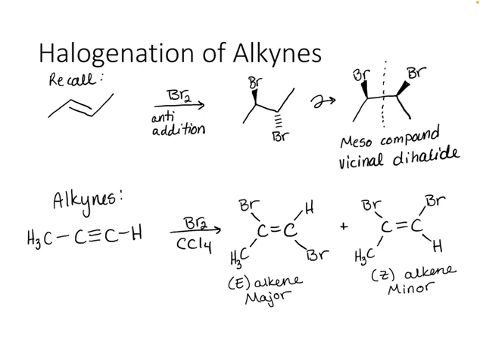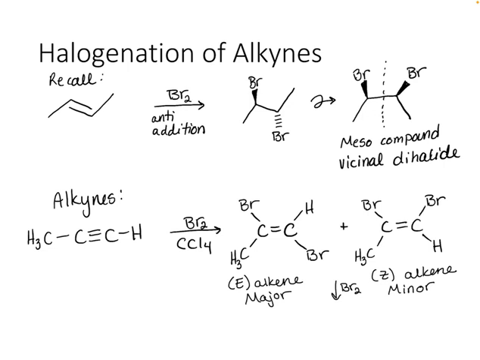Now, regardless of all that, if we add more bromine, so if we add another equivalent of Br2, we can perform halogenation of an alkene, similar to what we did up above.